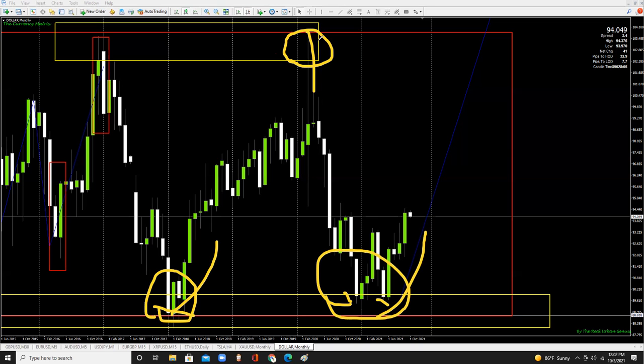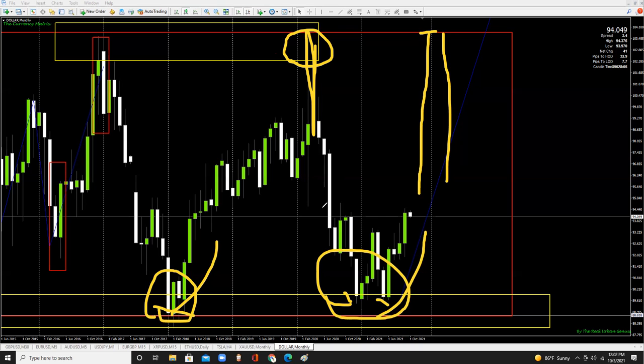Now, whenever you hear somebody talking about a wick being filled, they're likely talking about a wick that at one point was the high or low of a range. So when we're looking at this monthly, we're expecting this wick to be filled. Even if the body comes up here and the next one closes there and the next one comes down, that would fill the wick.